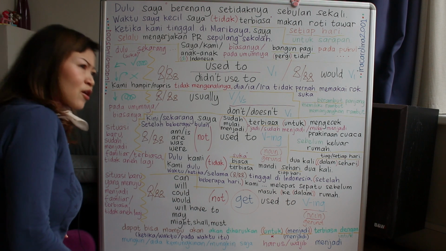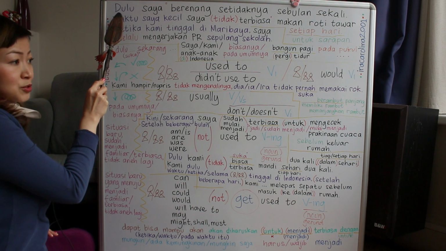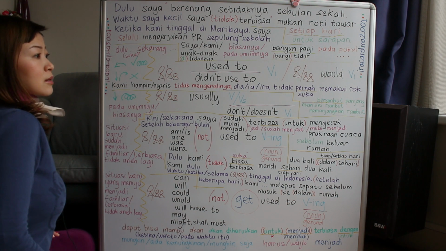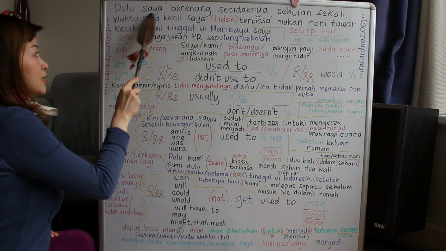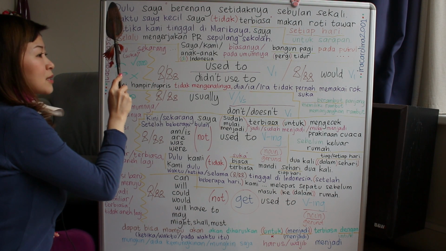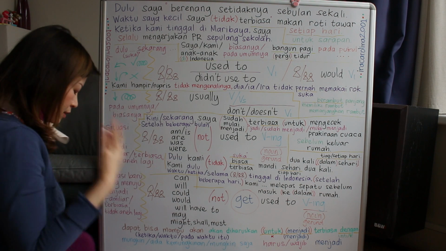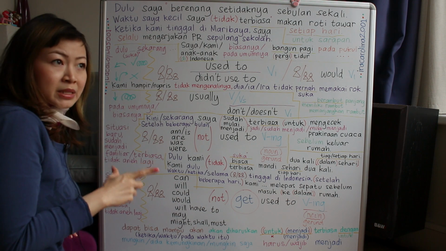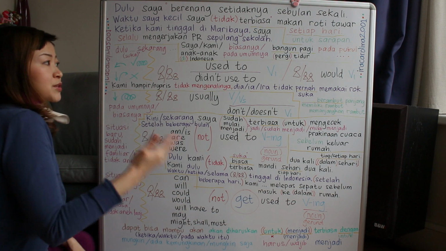Or can be often, but this time it means used to, because dulu, in the past. So, in the past or before, I used to swim. In Indonesia, if you translate the word suka in the slang, it means it's a habit or often happens.